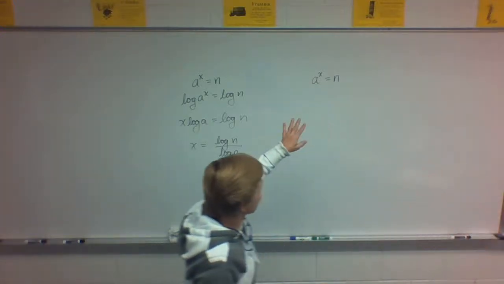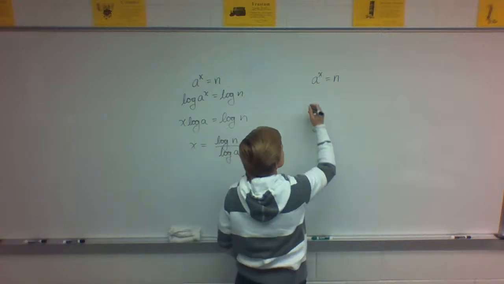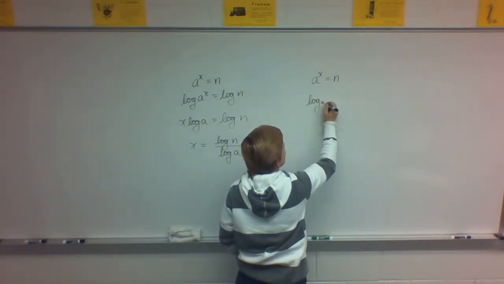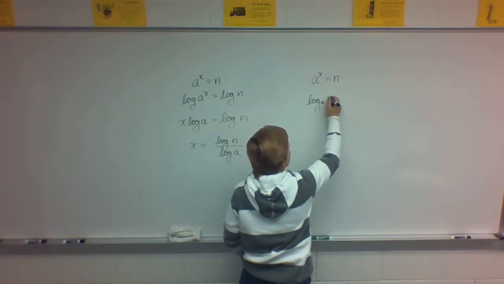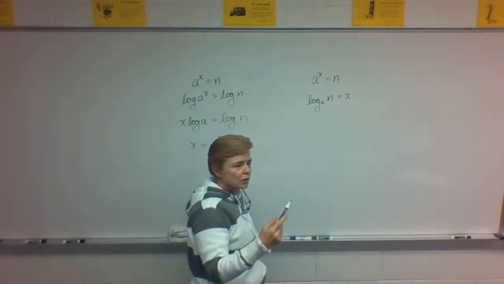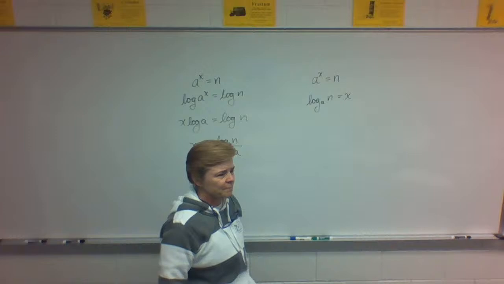Can anybody transform that thing into a logarithm? Log base a of n equals x. Does that look familiar for those of you that have memorized this or are looking it up? Yeah. That expression and that one are exactly the same.